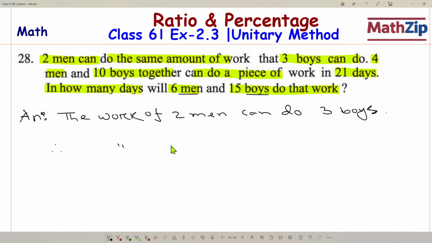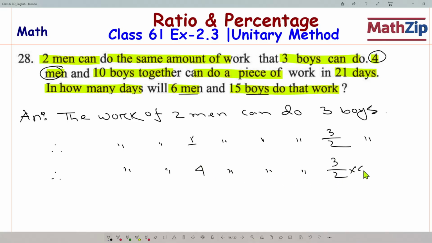So the work of 1 man can do 3 by 2 boys. So first here is 4 men. So the work of 4 men can do 3 by 2 times 4 boys. It means 4 divided by 2 is a 2, so 6 boys, right? So here 4 men means 6 boys.